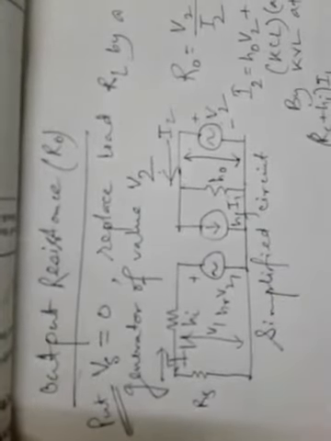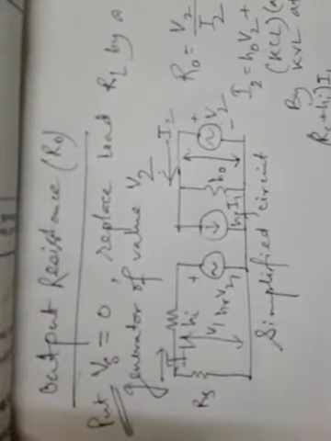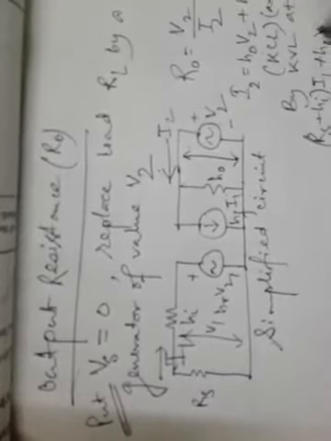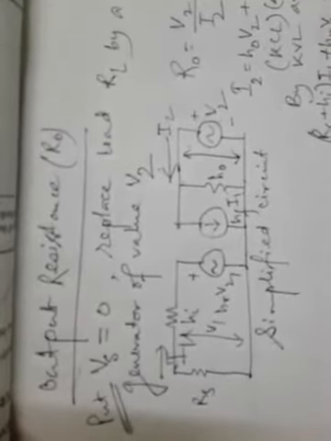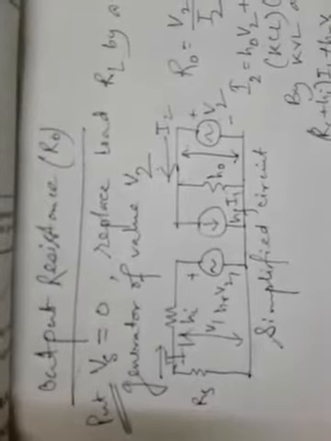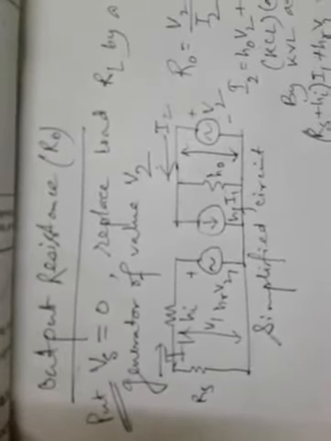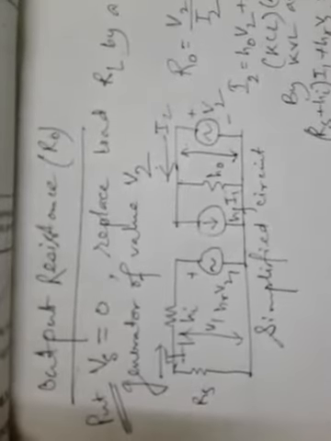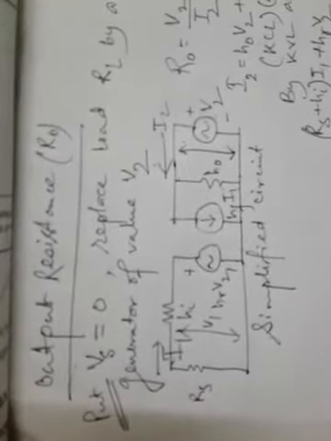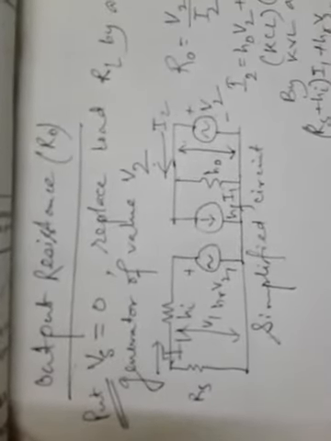So RS plus HI into I1 plus HRV2 is equal to 0. So this is another equation.